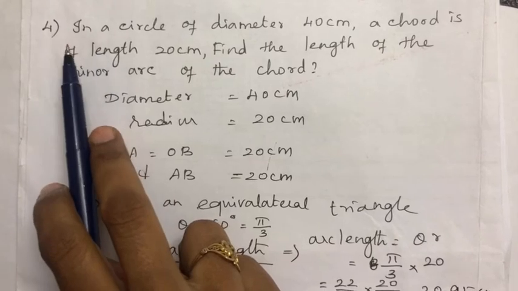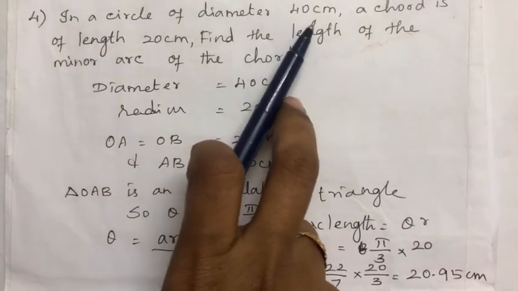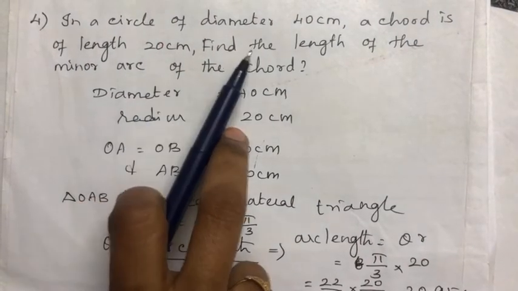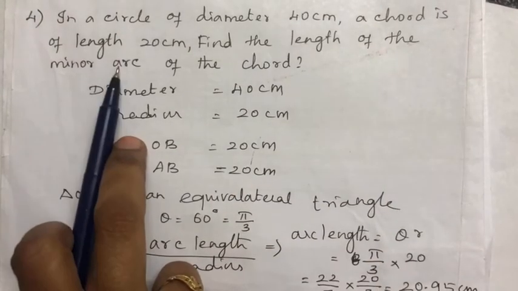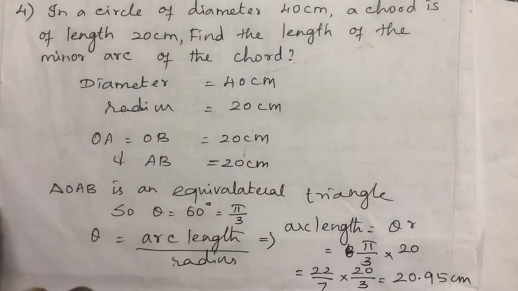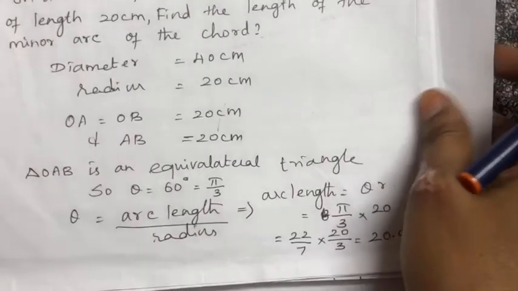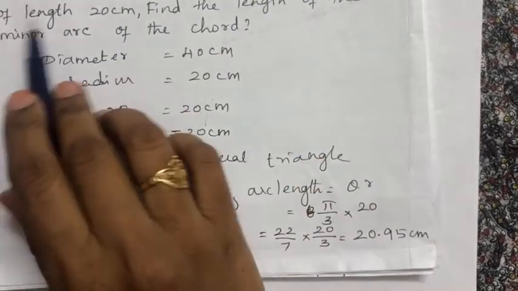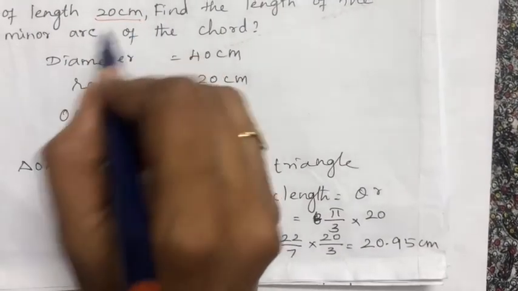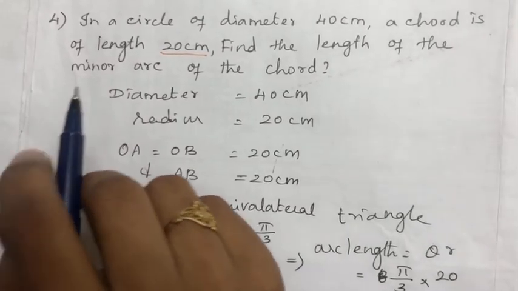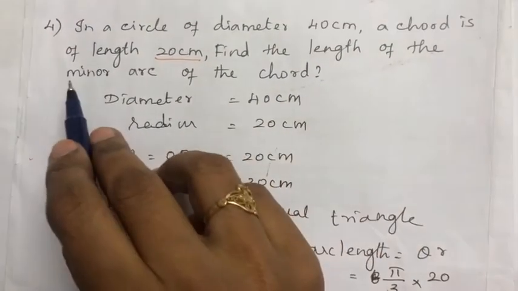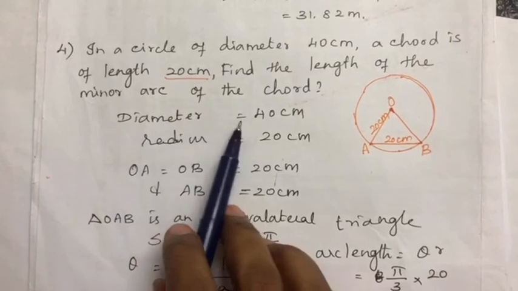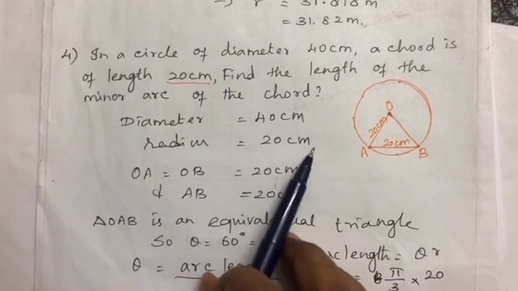Fourth one, in a circle of diameter 40 centimeter, a chord is of length 20 centimeter. Find the length of the minor arc of the chord. So, if the diameter is 40 centimeter, its radius is 20 centimeter.